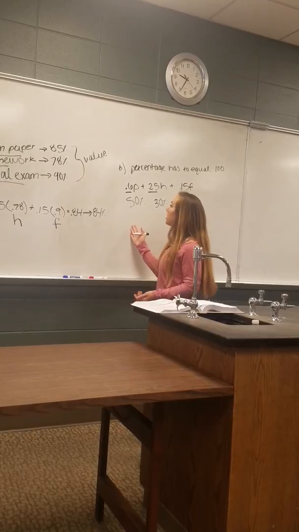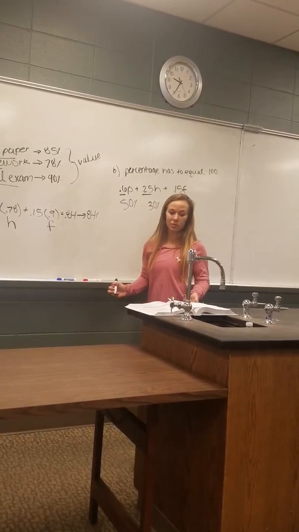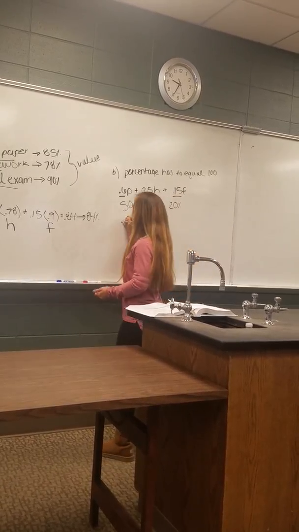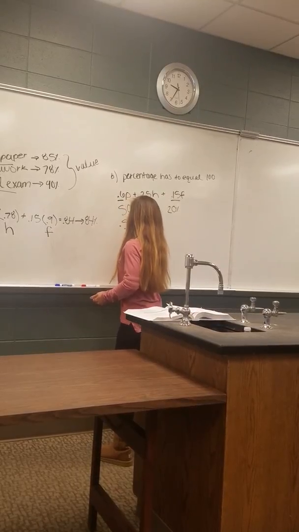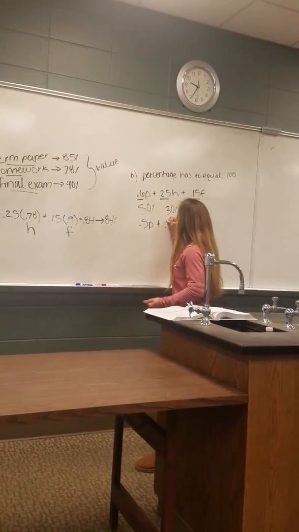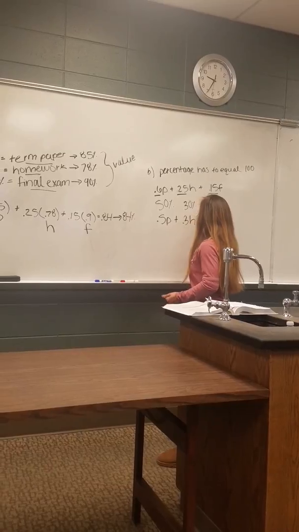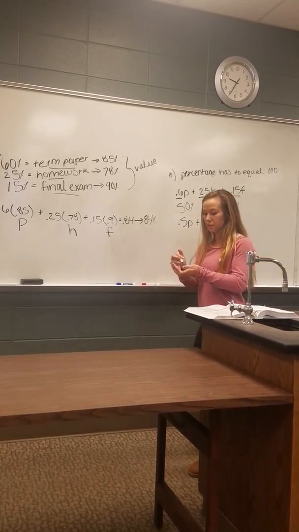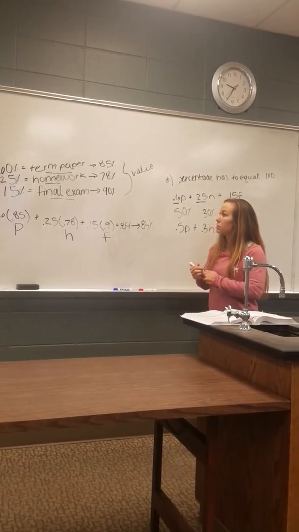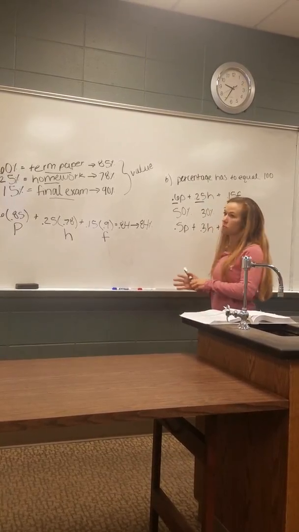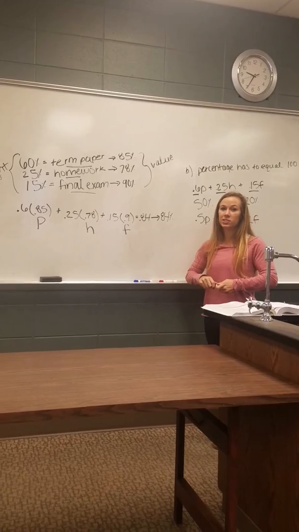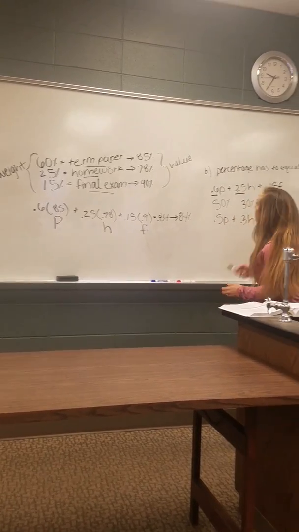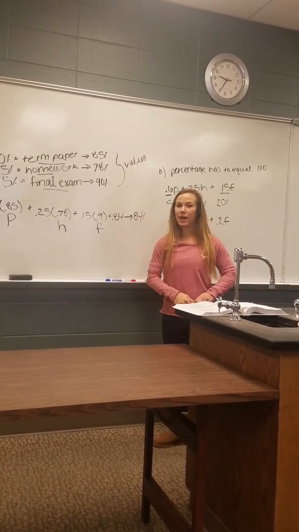So the algebraic expression that Mr. Alberto would use would be 0.5P plus 0.3H plus 0.2F. And these are just examples of how you can use coefficients plus variables to find algebraic expressions to find the final grade with different categories to add into it.